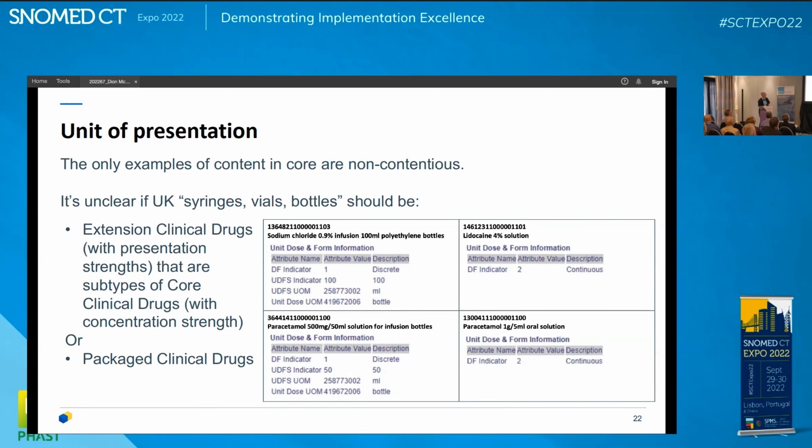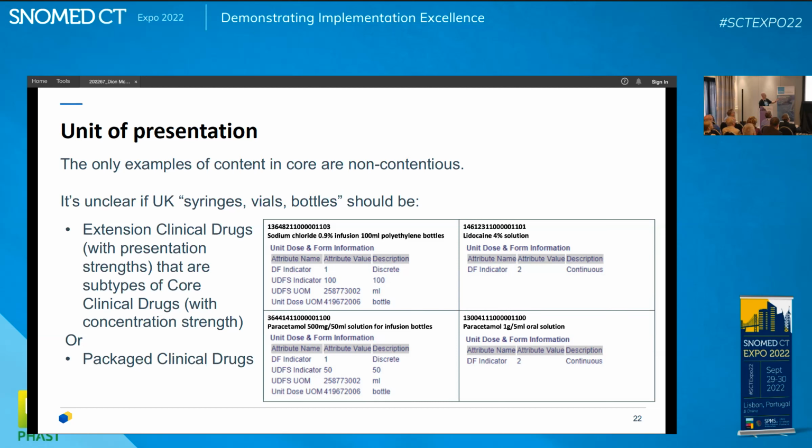Cool. So this is an example as well of where it also creates other confusions as to when things are a unit of presentation of an intimate container at that clinical drug level, or when they're a packaged thing. So here's two paracetamol liquids.